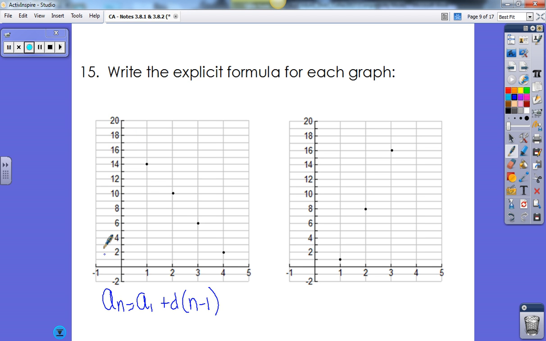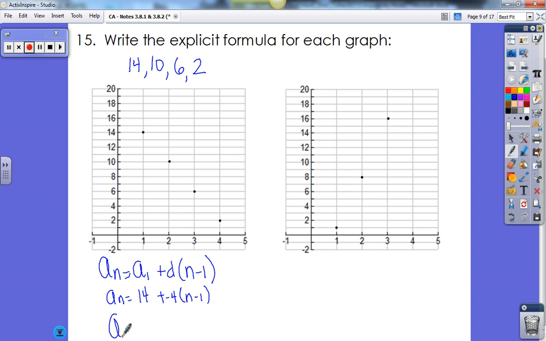You could do it by just looking at each of these. The first term is 14, the second term is 10, the third term is 6, and the fourth term is 2. So if you look at each of these values, you'll notice I'm going down by 4 every time. So my common difference is going to be -4, and then my first term is 14. So all I have to do is simplify that, and I would have an explicit formula for this graph.